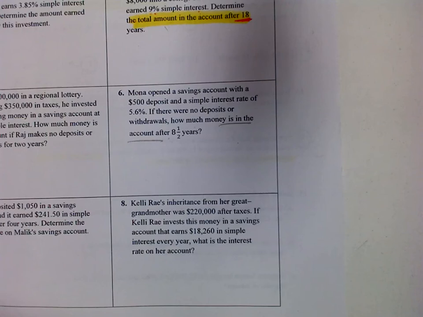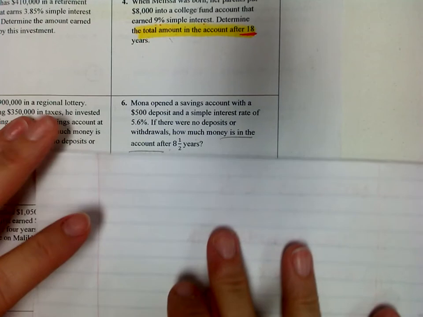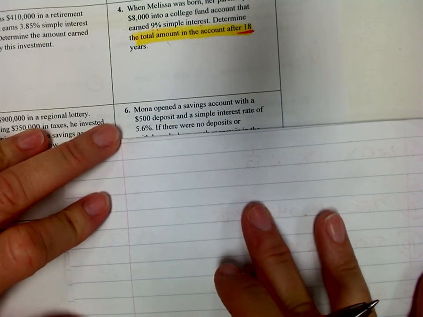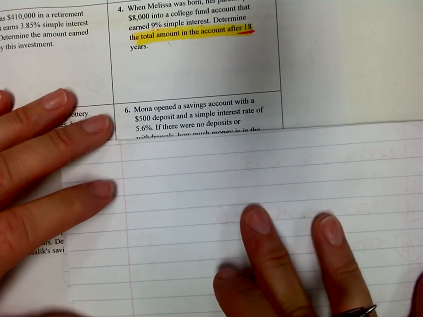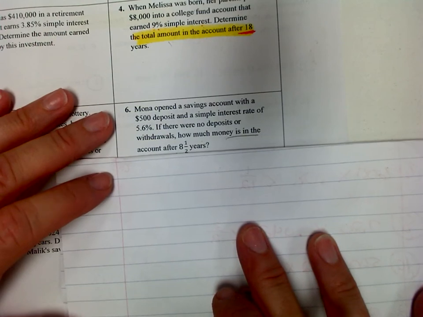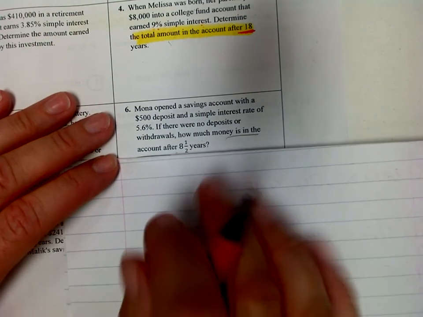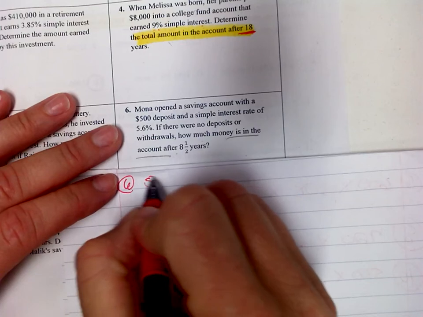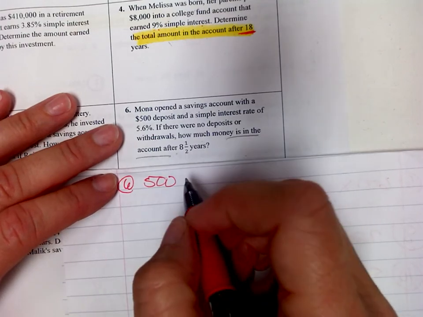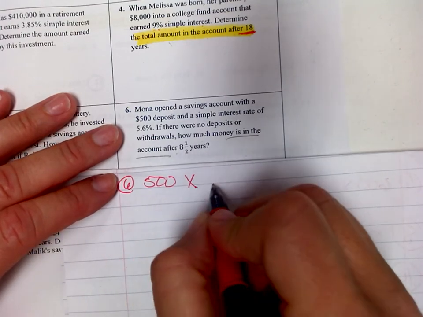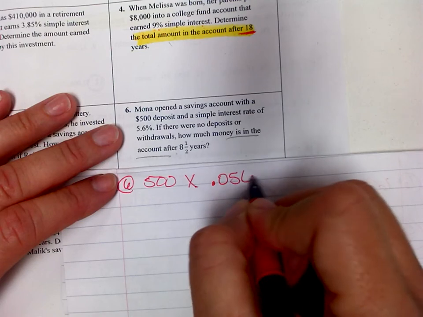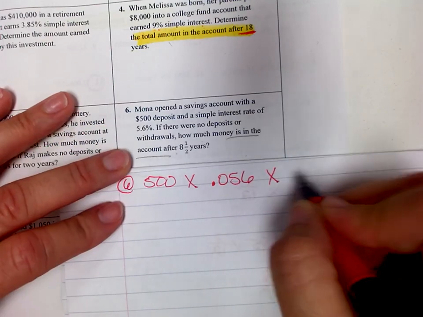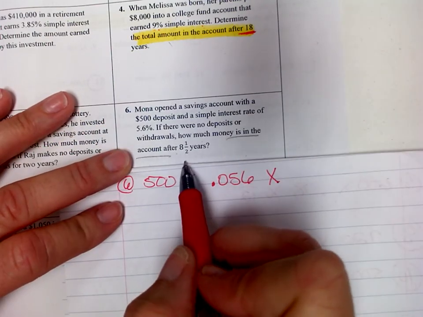Number 6, Mona opened a savings account with a $500 deposit and a simple interest rate at 5.6%. If there is no deposits and no withdrawals, how much money will she have in the account after 8.5 years? So you start with 500, multiply that by your rate, by your years, and it's 8.5 years.